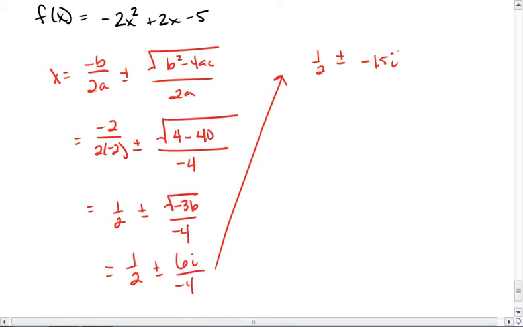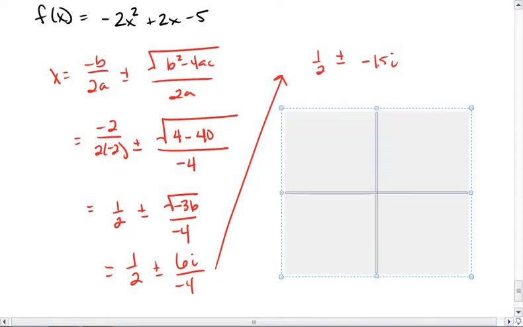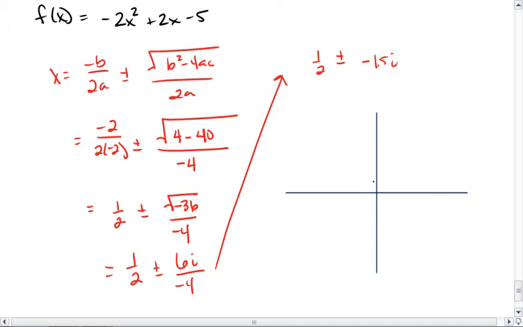Which means if we were to graph this, we still have a line of symmetry at 1/2. So I'm going to use half units on my points here.